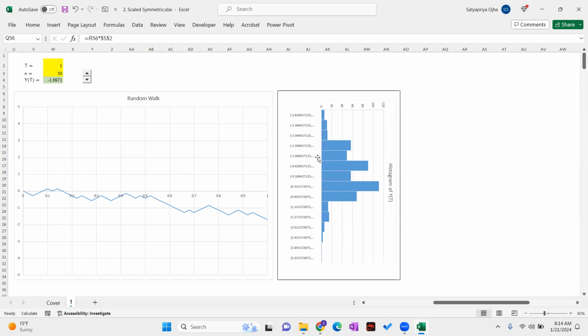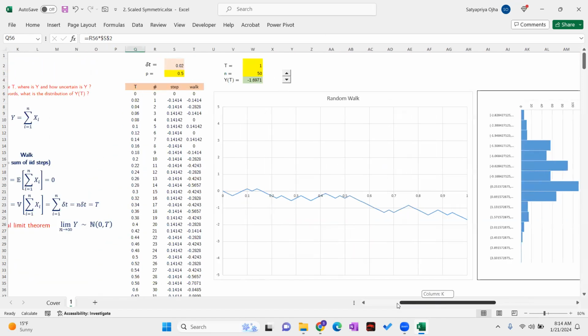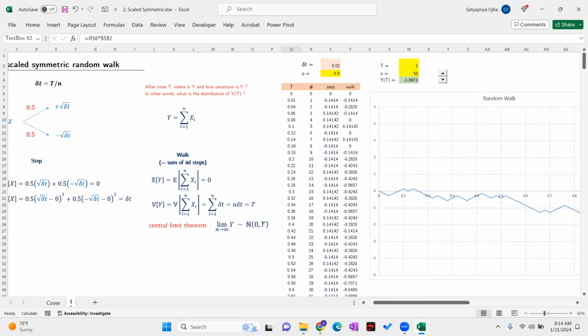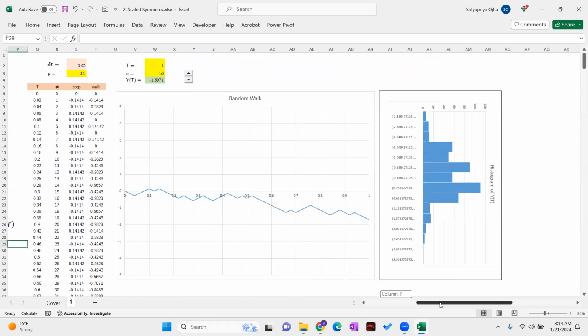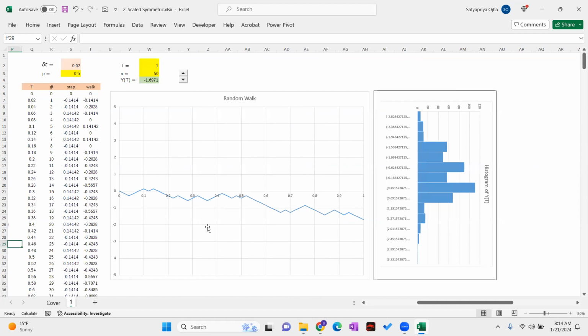But the variance is still contained as 1, because capital T is 1. So the variance of the process would still be 1. Okay, with more number of steps, I can make it look more and more normal distribution. That's all. The variance is not exploding because capital T is fixed. Remember, in the previous example, when we were increasing the number of steps, the variance was increasing.